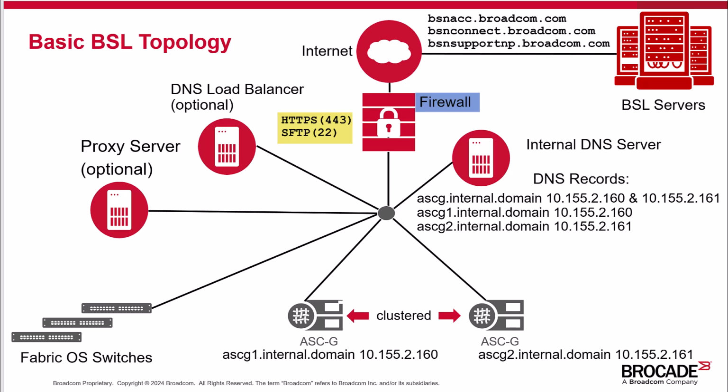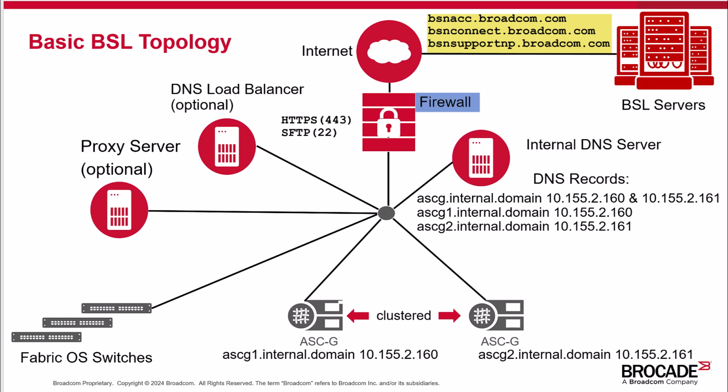Now there are specific requirements for some of the different features of the gateways, but essentially they all leverage those two particular port numbers, and they try to reach the URLs that I show you at the top there, basically the domains of the BSL servers. For FC Analytics, it's going to try to reach bsnconnect.broadcom.com. That's the full FQDN of the BSL server.